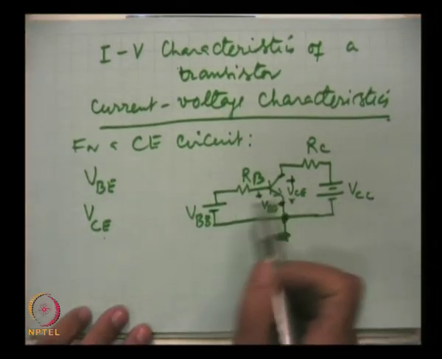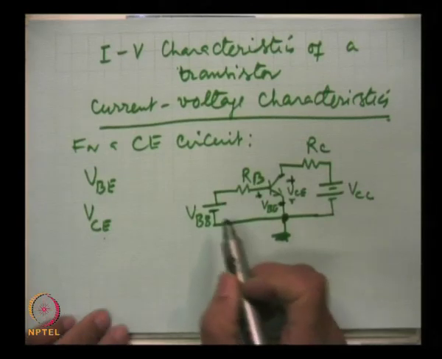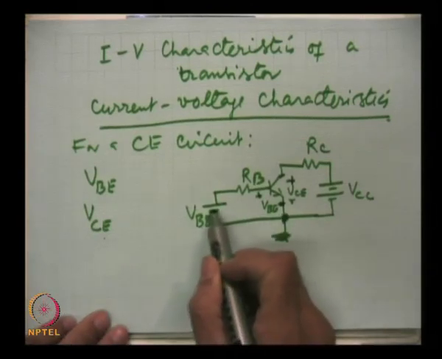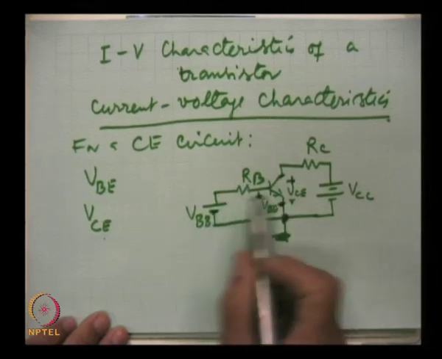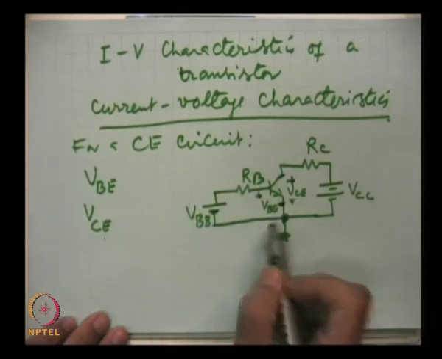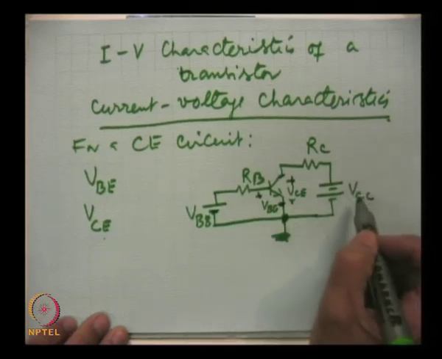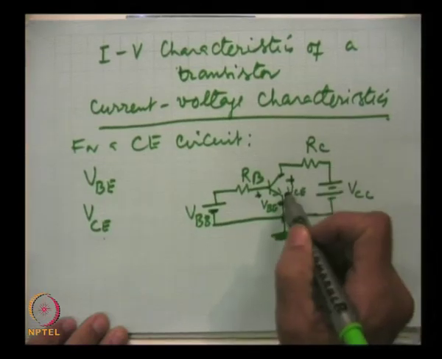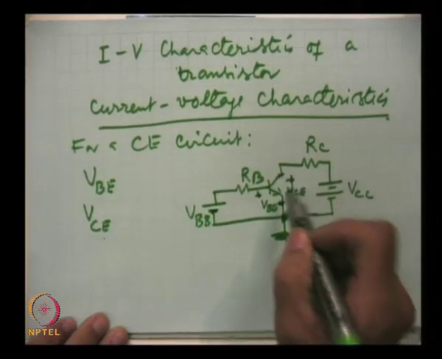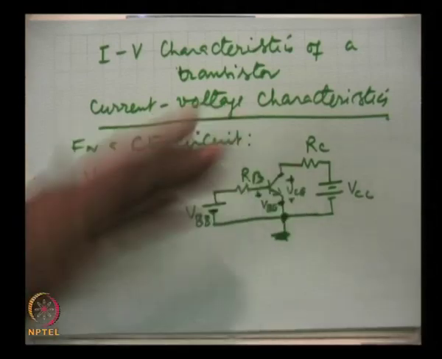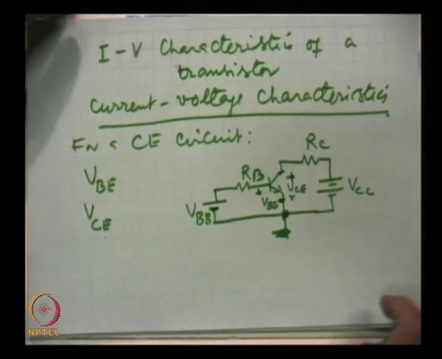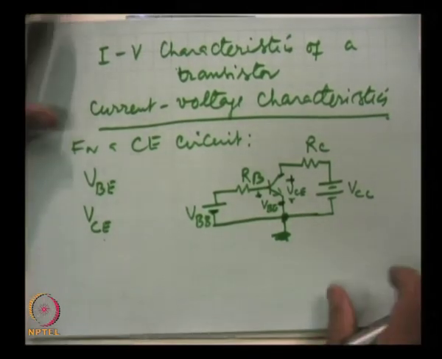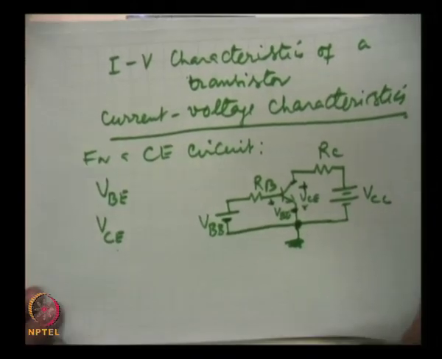Here what I have shown is that the input battery has been connected to forward bias the base emitter junction, and this battery VCC has been connected such that it will reverse bias the collector junction. But we can change, if we change it the other way, we will see what impact it will have. Now, first we talk of the input characteristics.